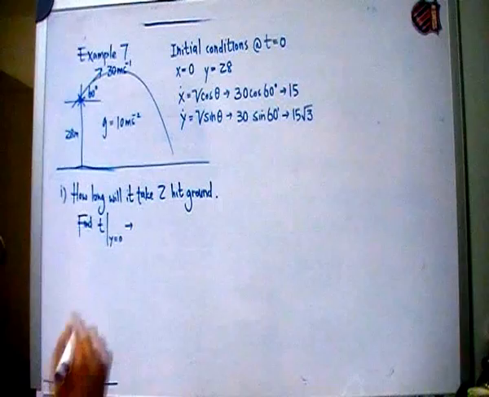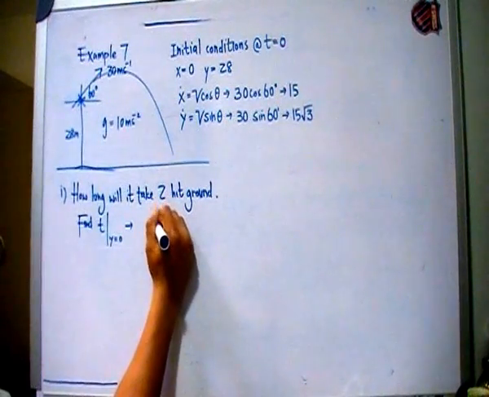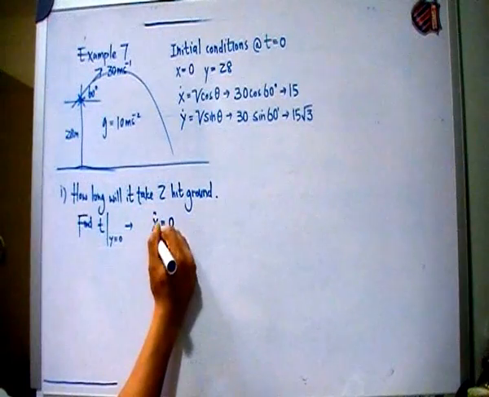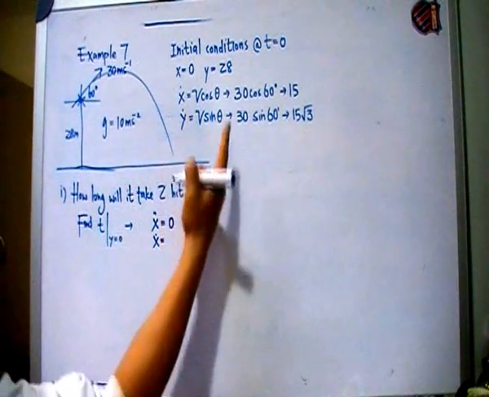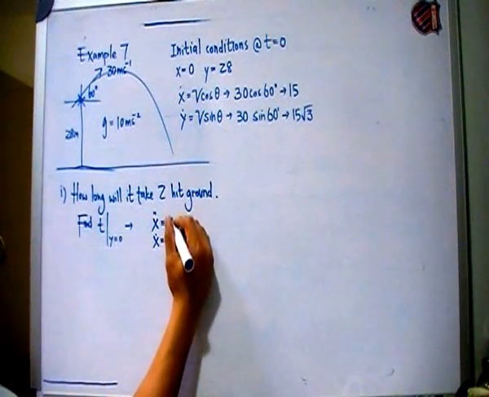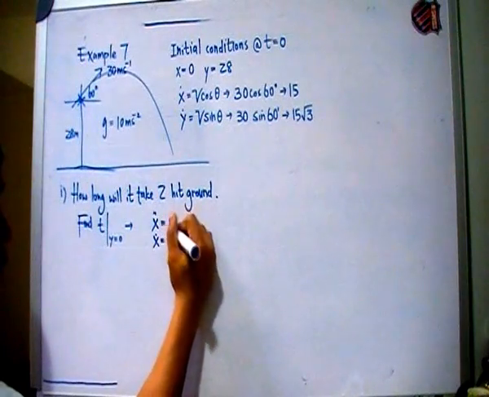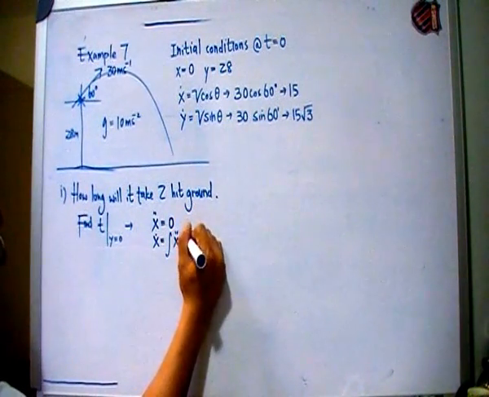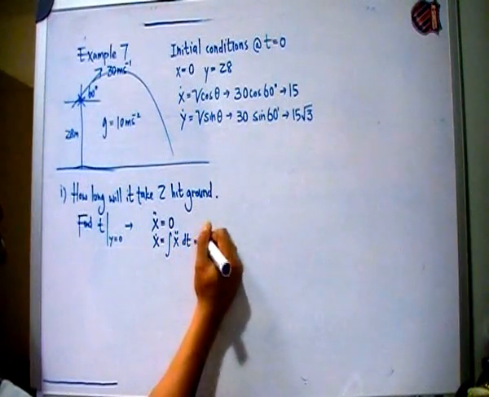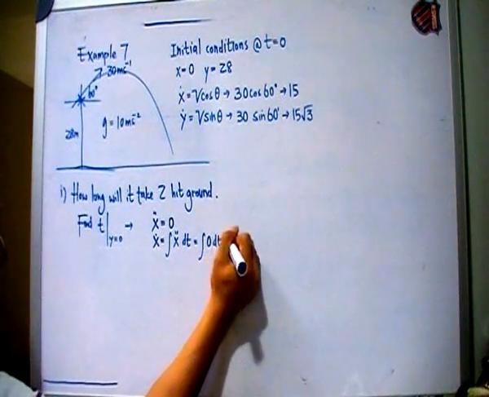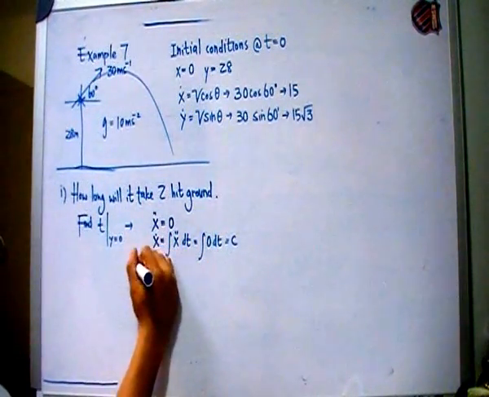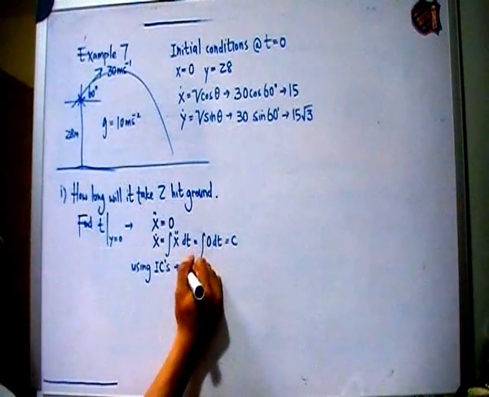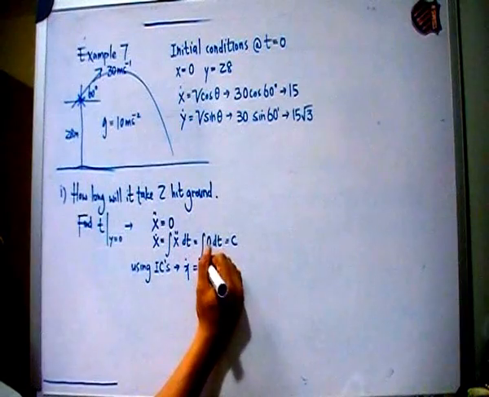The x double dot is always 0. Your x dot is then going to be whatever you ended up with there, 15. I'm not going to go through the whole process because it'll take a while, but this is what I should be writing in an exam. Integrating 0 dt equals c. Using initial conditions, we have x dot equals 15.